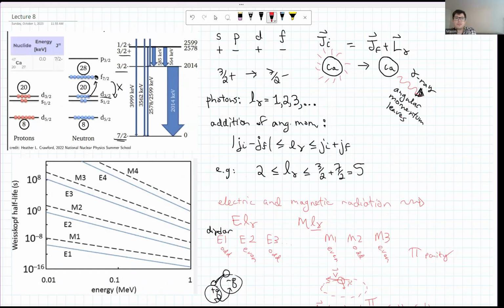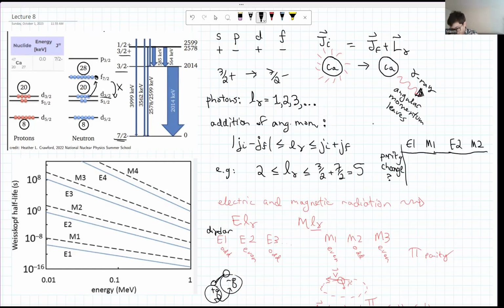So we can draw a little table representing what happens if you have different kinds of radiation, say E1 versus M1 or E2 versus M2. And you can ask, is there a parity change for that kind of radiation?